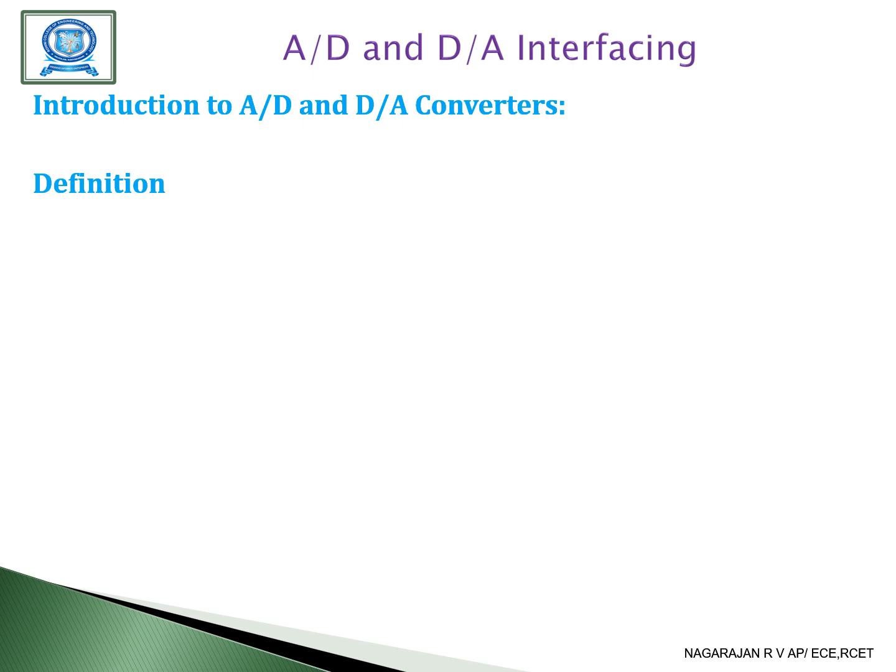First of all, we want to define the ADC. An analog to digital converter is a device that converts an analog signal into a digital signal that can be processed by a microcontroller or digital system.